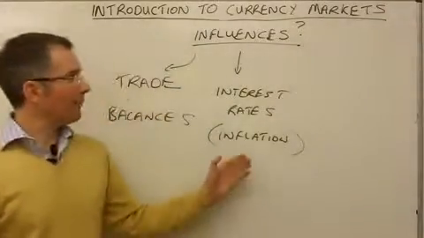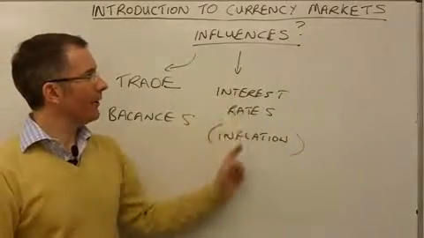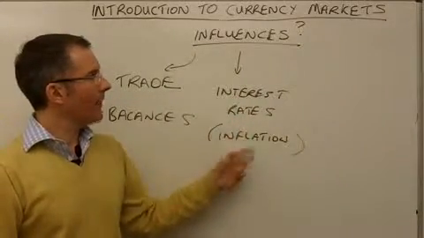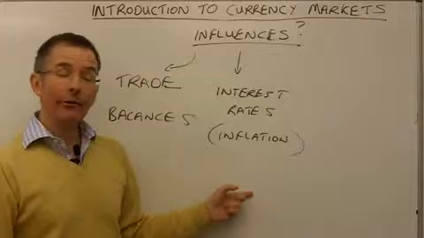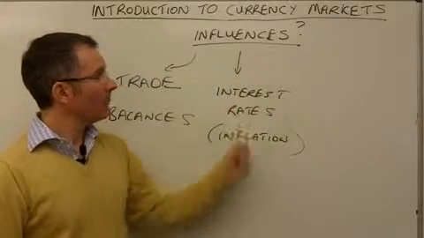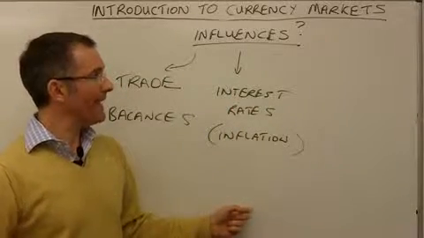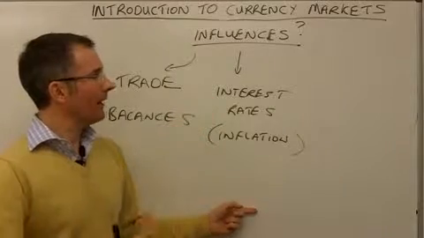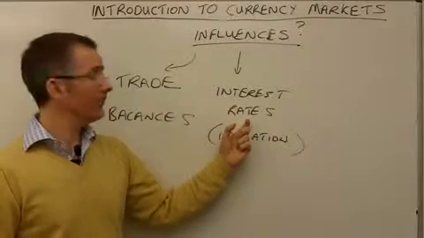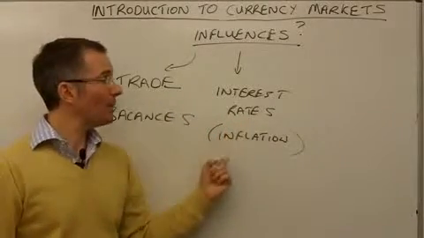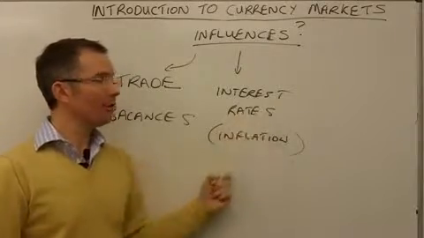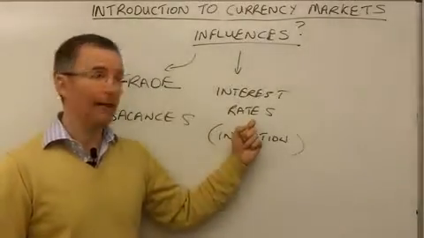And that principle, that the bigger the return offered by, say, a central bank on its currency, the more interest there'll be and the higher the exchange rate. So if interest rates are expected to rise, in America for example, that would tend to start pushing the dollar up relative to, say, sterling.